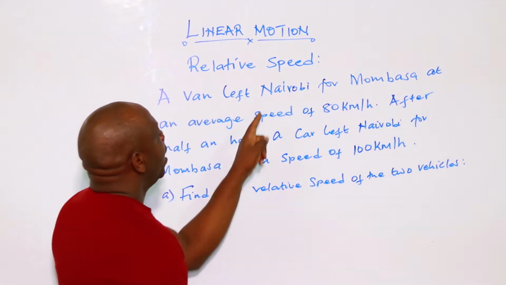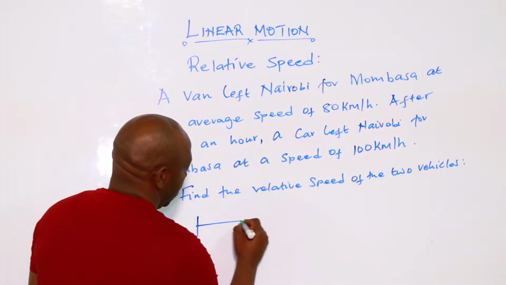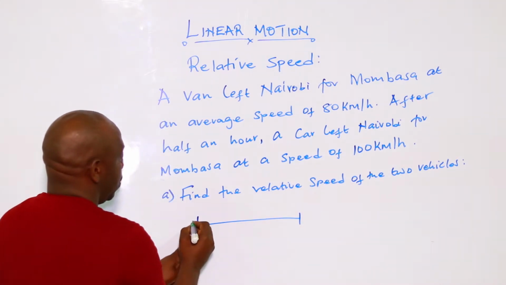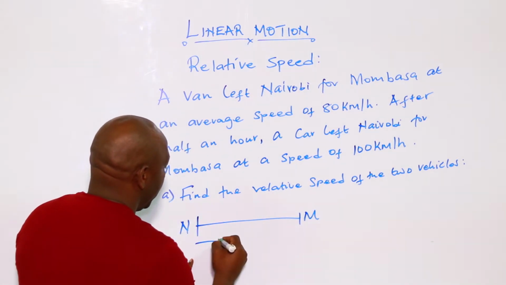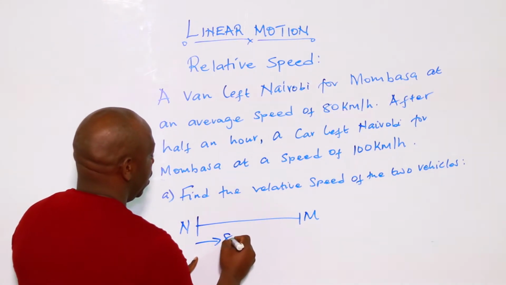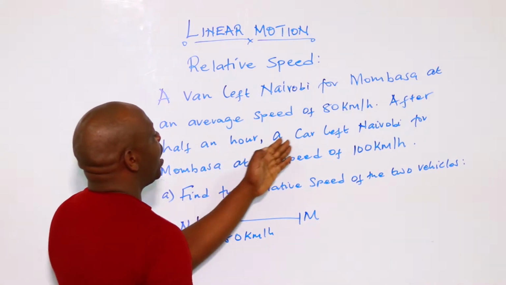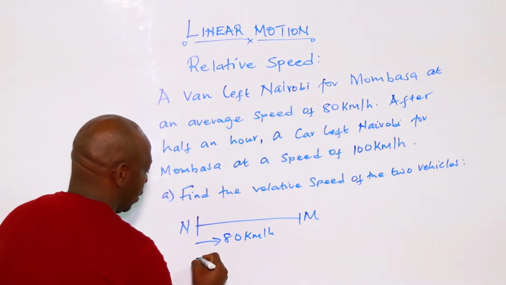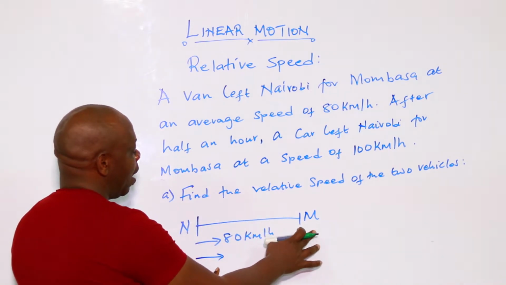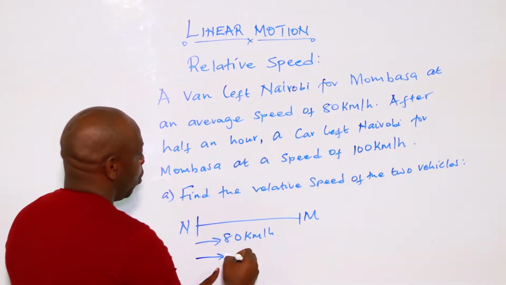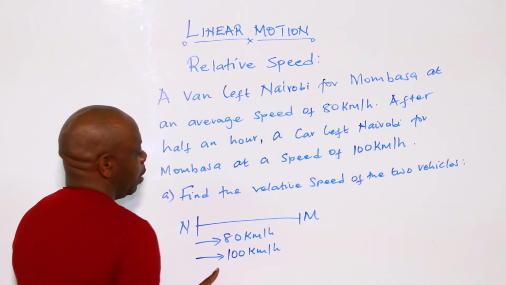So we are saying a van left Nairobi for Mombasa and it was moving at 80 kilometers per hour. After half an hour, a car left the same town to Mombasa at a speed of 100 kilometers per hour.